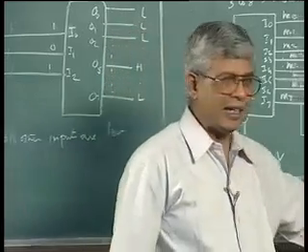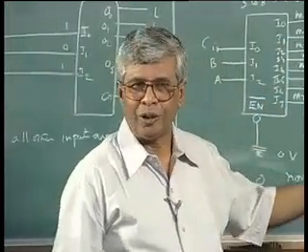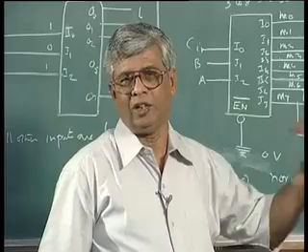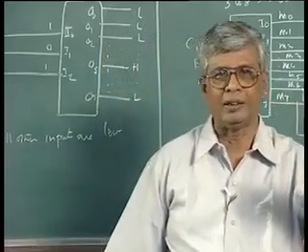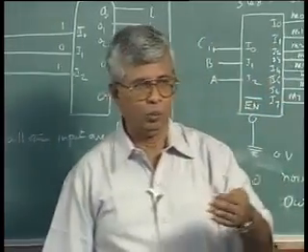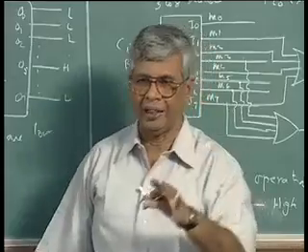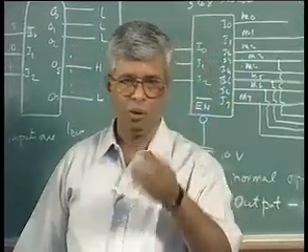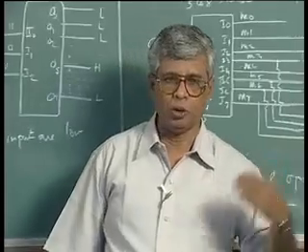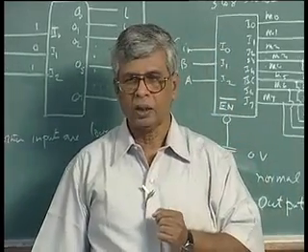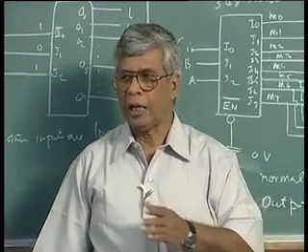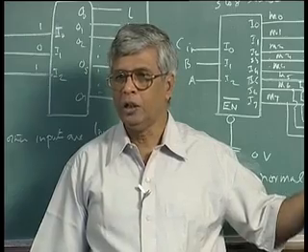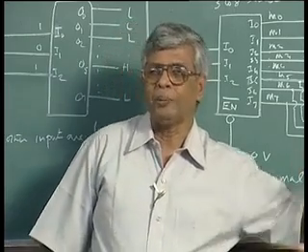Coming back to tri-stating, what do you mean by tri-stating? We only know two things: a circuit's input or output can be low or high. Low means 0, high means 1 for positive logic, 0 volts and 5 volts, 0 volts and 3.3 volts, 0 and 1.2 volts, whatever. But now I am suddenly introducing a third concept: the output can be 0 or 1 or a high impedance state.